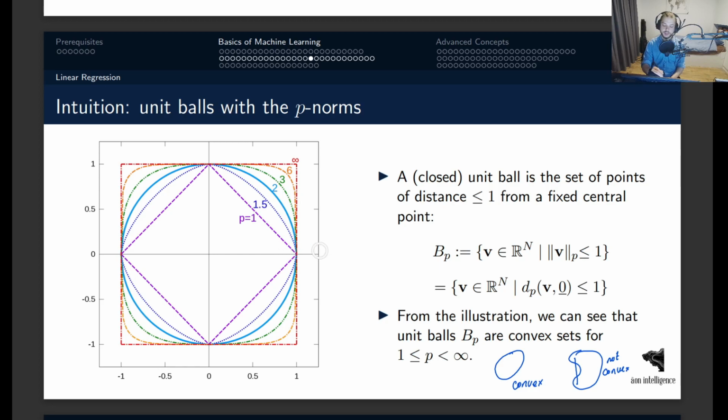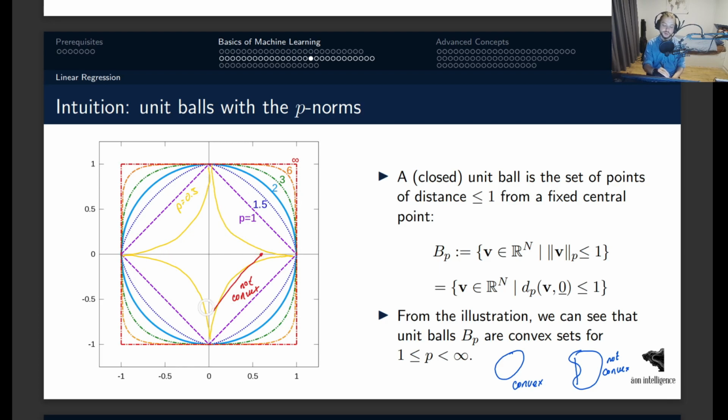Now looking at this illustration again, we see that all these unit balls are convex because you cannot find a line that goes outside the unit ball. But if we were to consider a p that is smaller than 1, then we would have a unit ball that has this star shape. And we see that such unit balls would not be convex because you could find lines that leave the set.